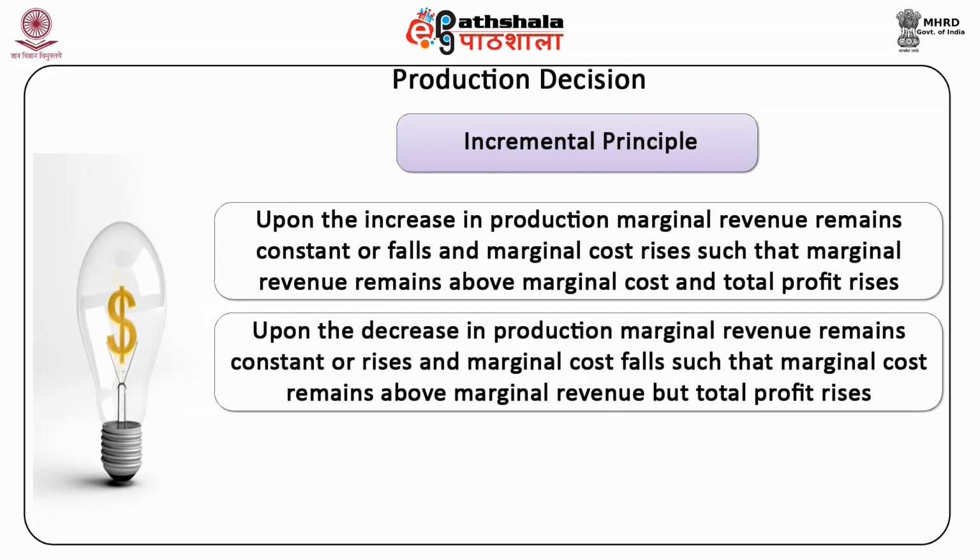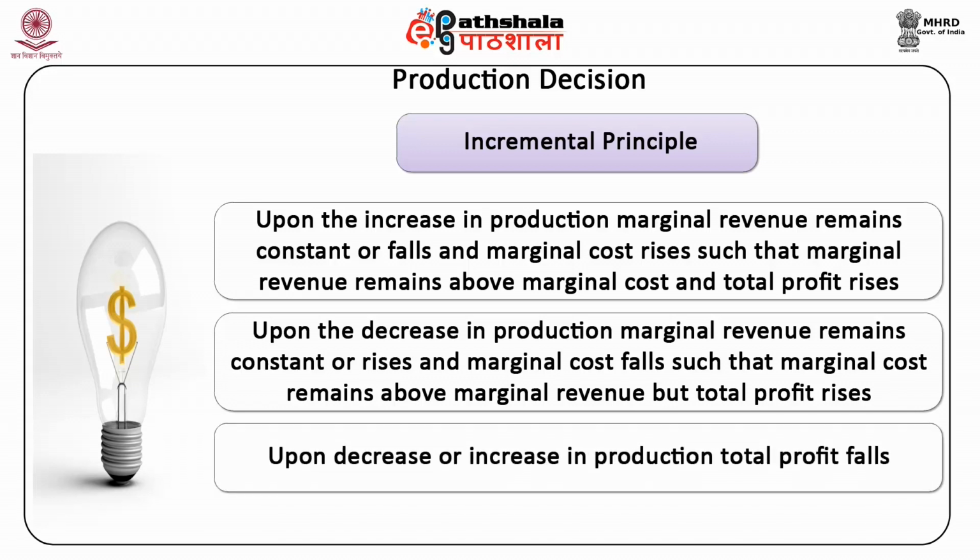Upon the decrease in production, marginal revenue remains constant or rises, and marginal cost falls such that marginal cost remains above marginal revenue but total profit rises. 3. Upon decrease or increase in production, total profit falls.